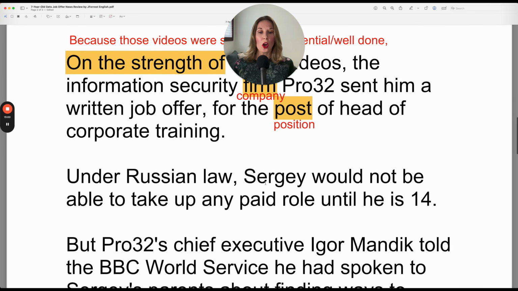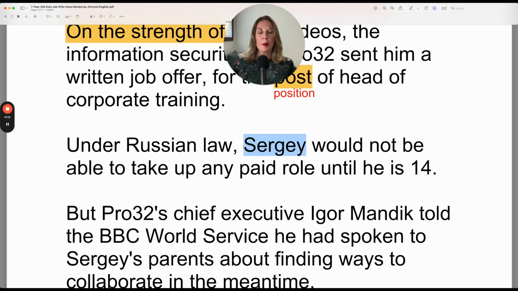Under Russian law, Sergey, the name of the boy, the 7-year-old boy, Sergey would not be able to take up any paid role until he is 14. So notice here, this is our adjective phrase. So the age describes him as a phrase.